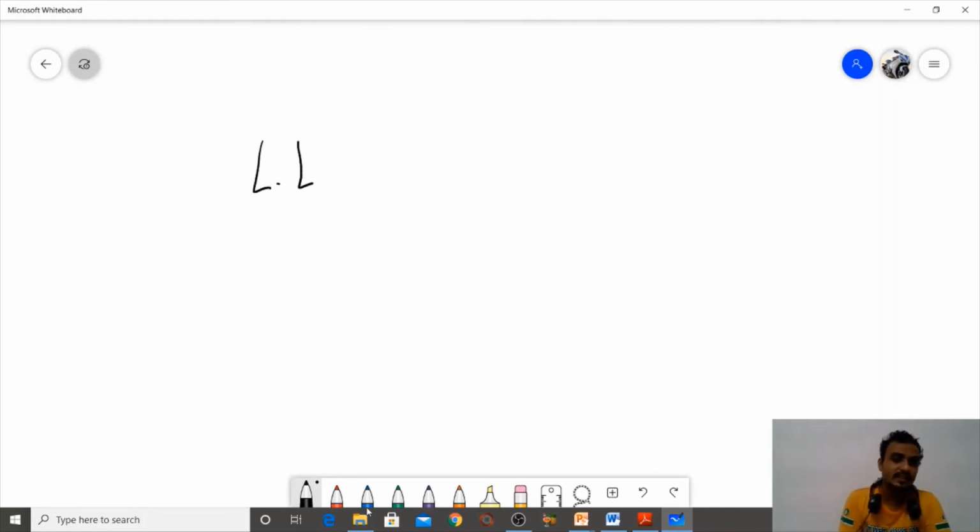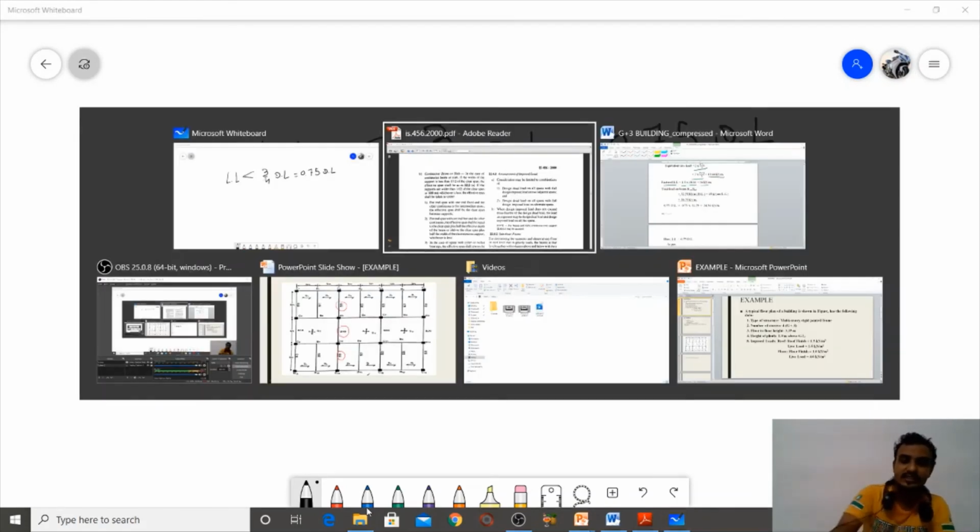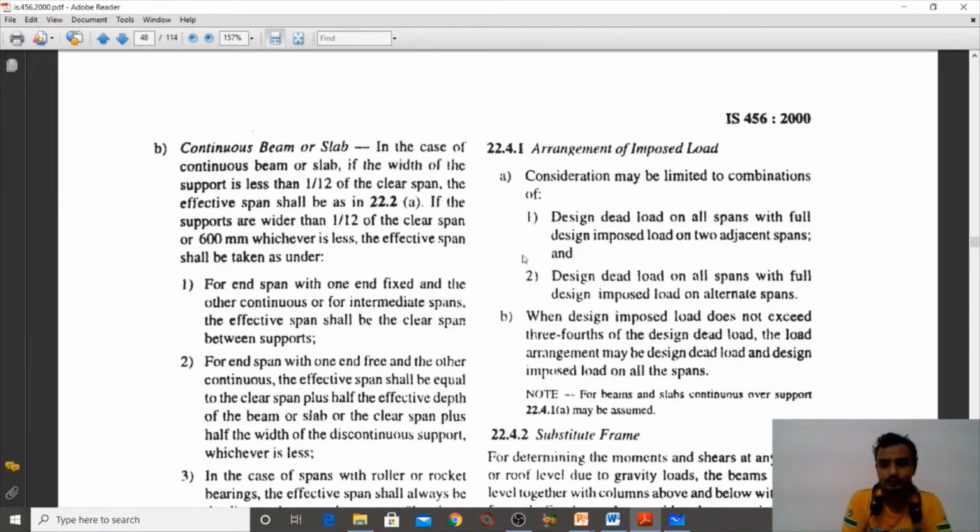If it is not greater than 3/4 of the dead load, which means 0.75 dead load, then the load arrangement may be design dead load and design imposed load on all the spans.